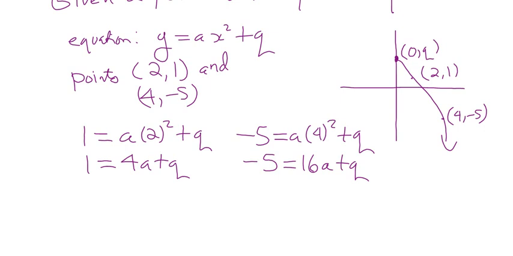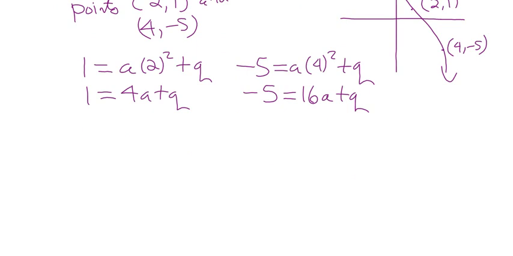Now the nice thing is, since both equations have a plus q, because there's nothing modifying the q, we can simply subtract one from the other and get rid of the q. Or you could do some other rearranging, but somehow you algebraically solve. So now we write out our system.